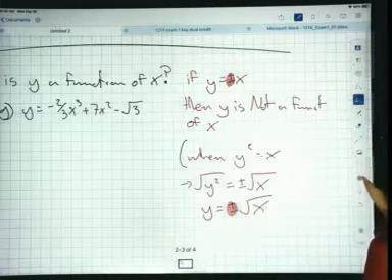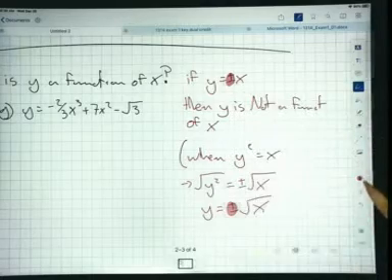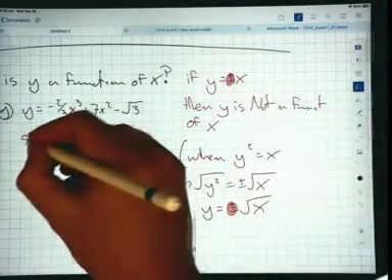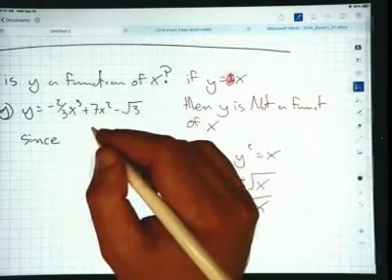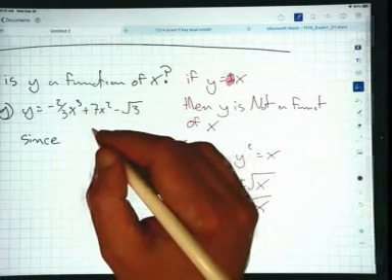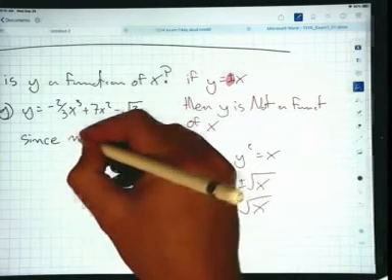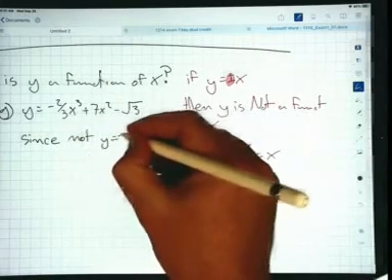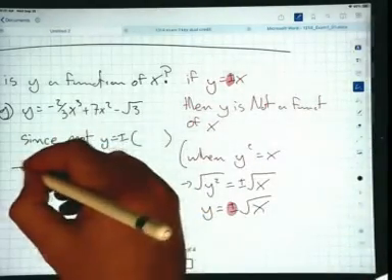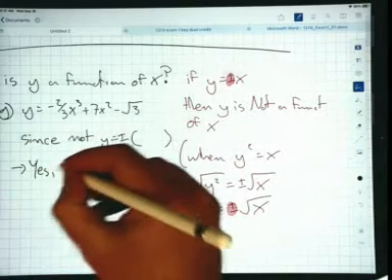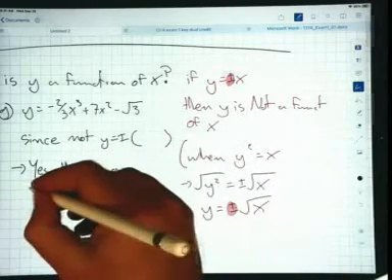But we don't have the plus or minus notation, so you can say this: since there's no y equal to plus or minus, yes, this is a function.